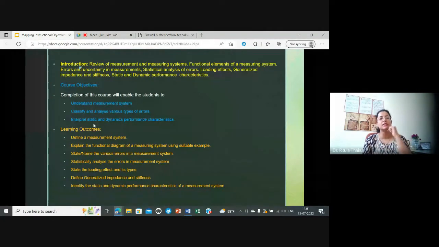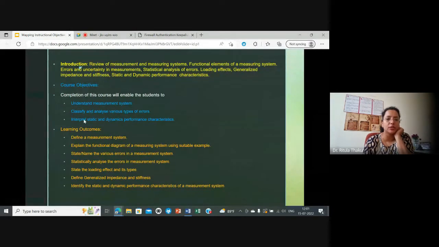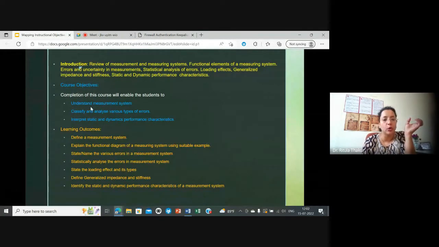There are two terms: the course objectives and the learning outcomes. The course objectives are more broad and the learning outcomes are more specific. So from each course objective, you can have 2-3 different learning outcomes.